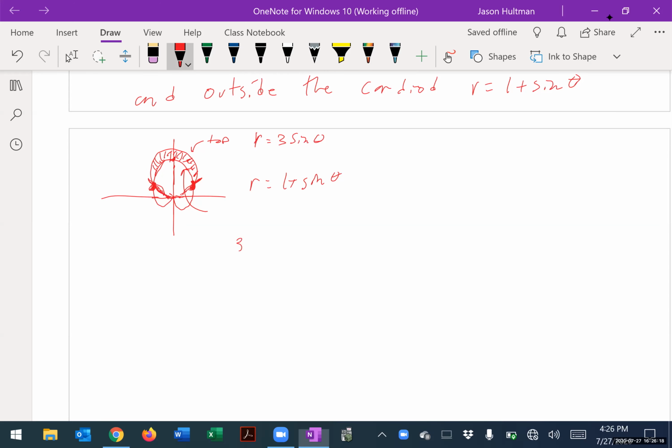Where does 3 sine theta equal 1 plus sine theta? For what values of theta do they intersect? That'll give me my limits of integration. So let's subtract off a sine theta here. I get 2 sine theta is equal to 1.